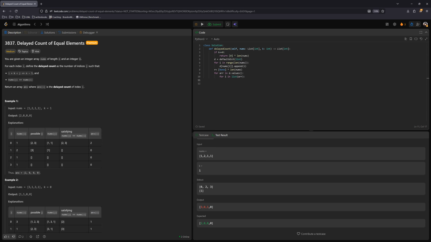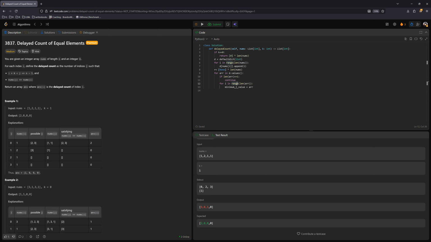Okay, so minimum J value equals that. If length of ARR equals 1, then continue. Obviously, there can't be anything in that case.